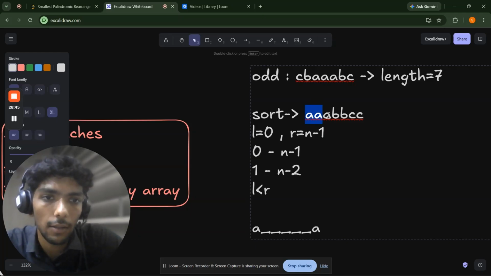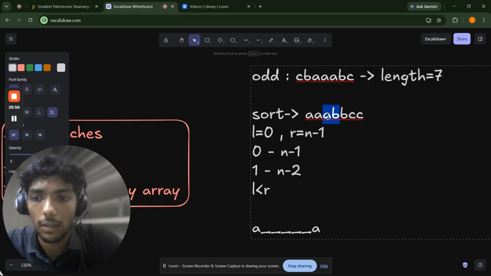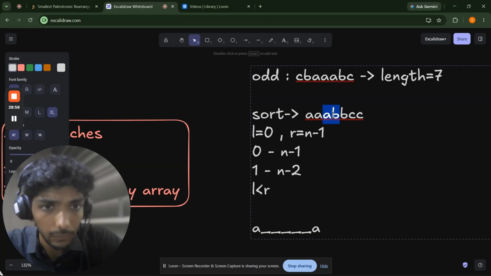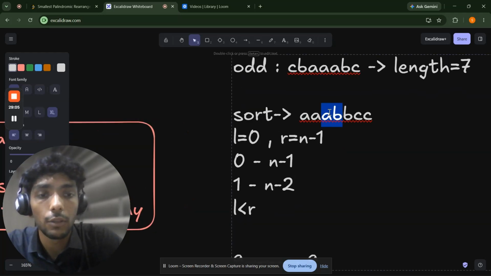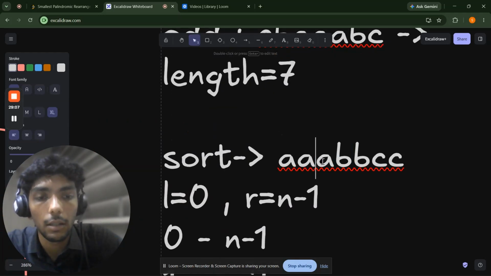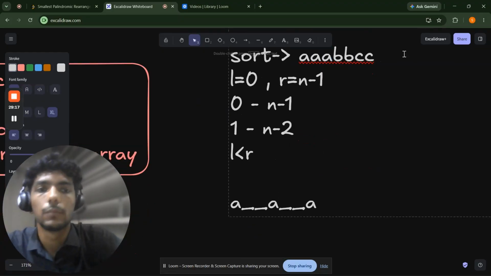Now our next turn is this A. We will check whether this A can be paired with the next one, because we want the two smallest and maintain the palindrome. But we find that these both are different. So we also found that this is an odd occurrence. So we put that A over here.